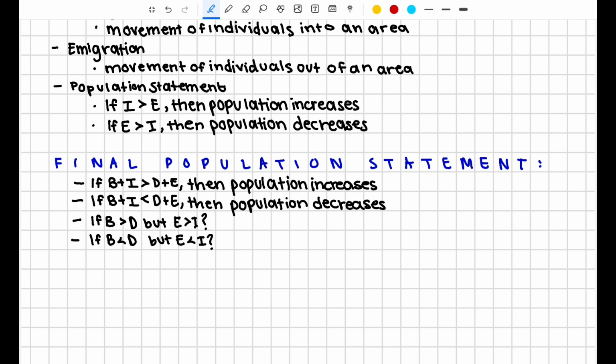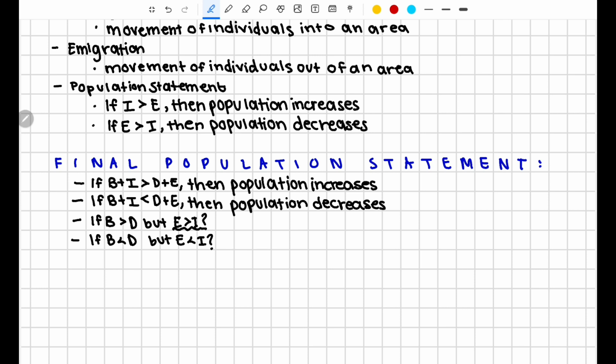For example, in a hypothetical situation, if the birth rate was 10, the death rate was 2, emigration was 1 while immigration was 0, that means the population would still increase, because the margin by which B is greater than D is a lot larger, and the second part doesn't have much of an impact.